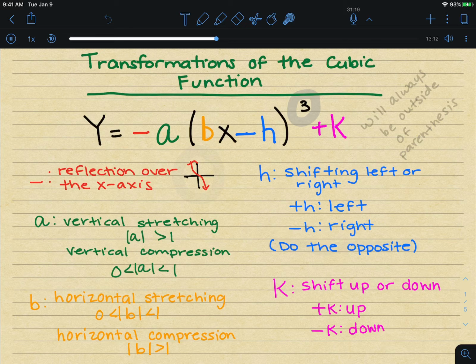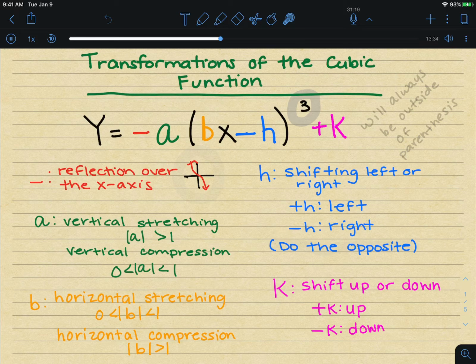Okay, so I'm going to go ahead and just give you this information and make sure you guys are copying it down in your notebook. And then we can go ahead and just quickly talk about it and head into the graphing part. Okay, so here we have a negative, right? We have a parentheses b x minus h parentheses power of 3 plus k.